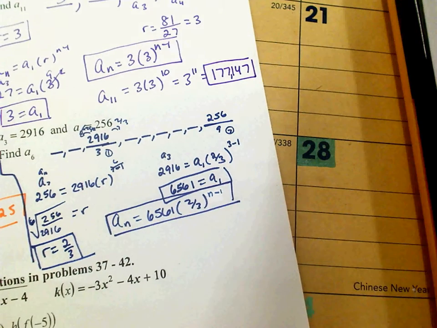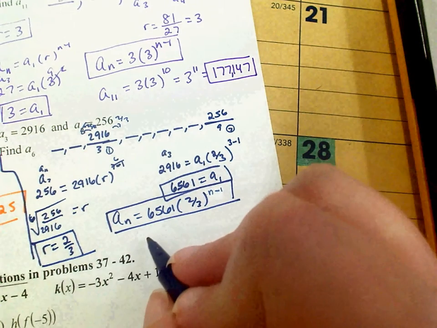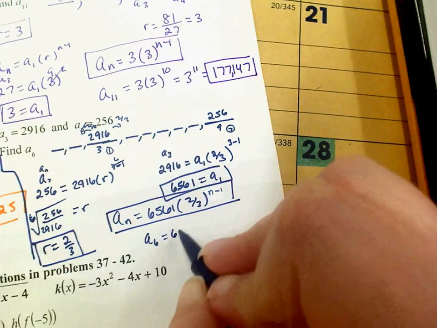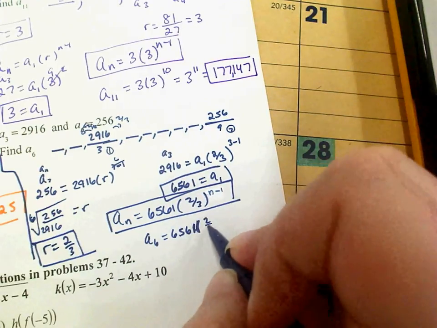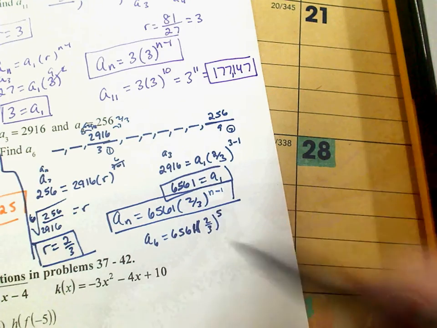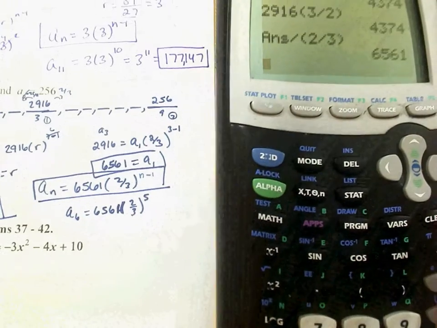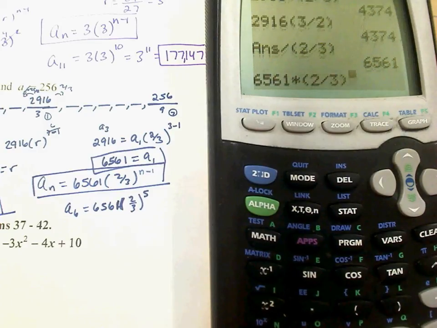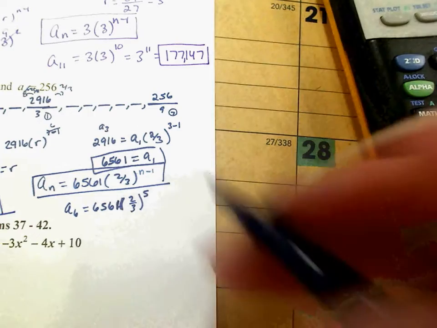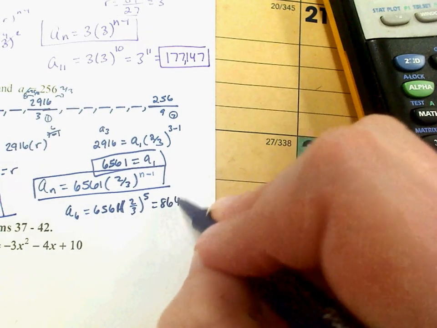So a sub 6 equals 6561 times 2/3 to the 6 minus 1, to the 5th. So 6561 times 2/3 to the 5th power, and that leaves me with 864. Or I could have just multiplied by 2/3 twice.